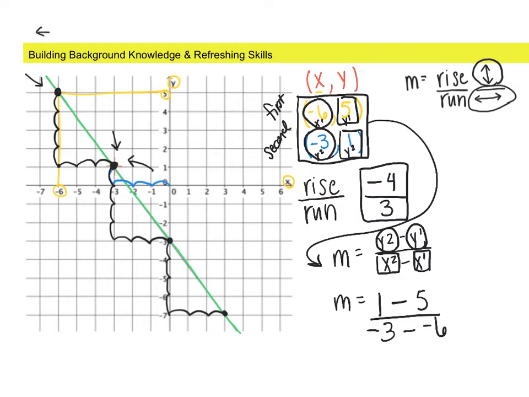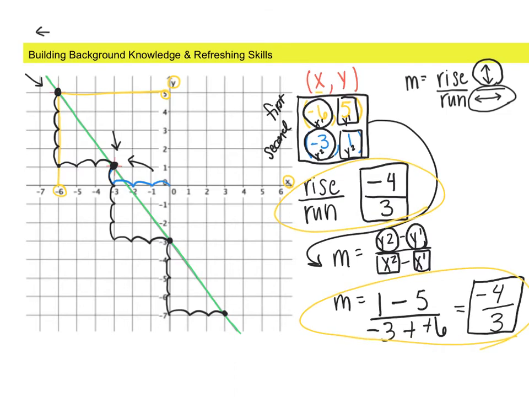And from there, I can just mathematically solve this. 1 take away 5, that's going to be -4. -3 minus -6. Well, this is a double negative, so I'm going to do keep, change, opposite. -3 plus +6. This gives me the number 3, and that is exactly the slope that I got using my other method as well. So these are the two things we're going to be continuing to practice today: finding slope using rise over run, and finding slope using our slope formula.